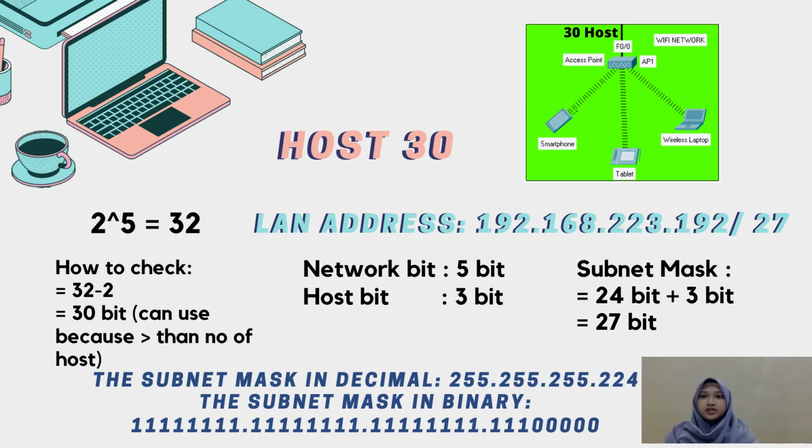The subnet mask in decimal is 255.255.255.224. Meanwhile, the subnet mask in binary is a sequence of 1, dot, sequence of 1, dot, sequence of 1, dot, 11100000. A sequence of 1 means that it has an 8-bit binary of 1.